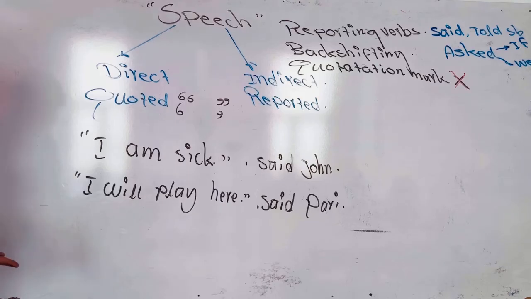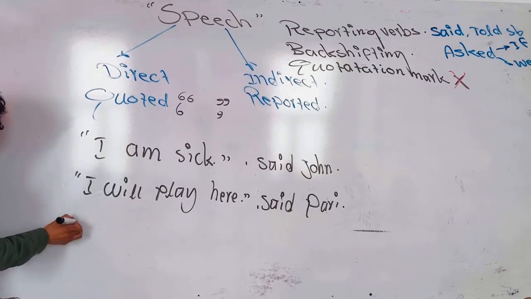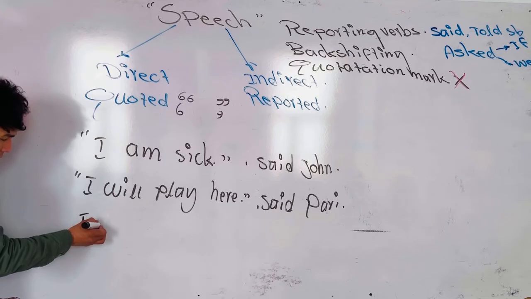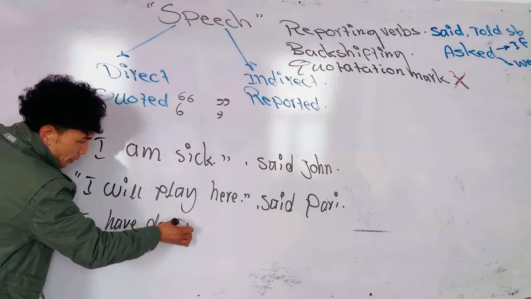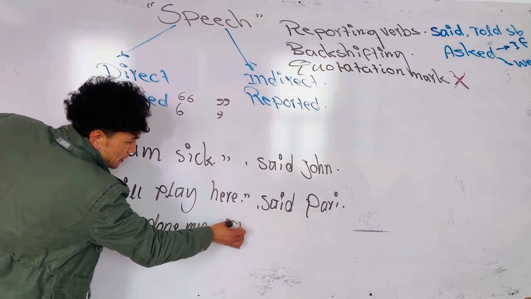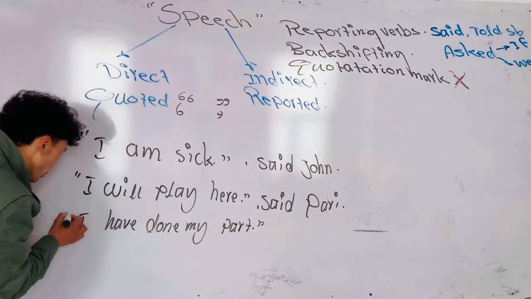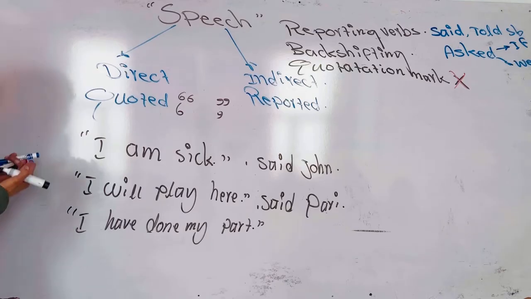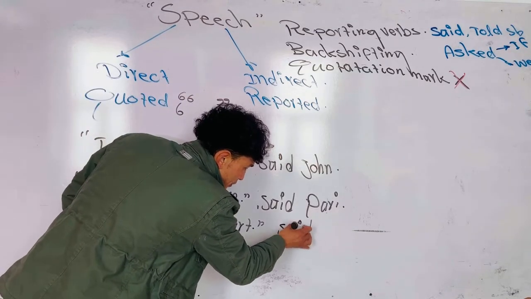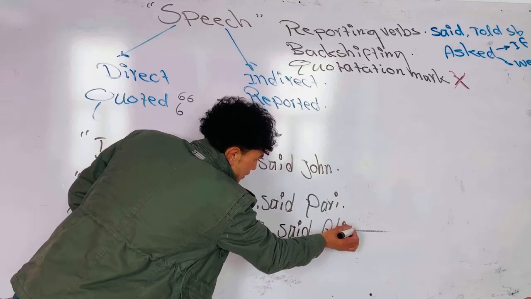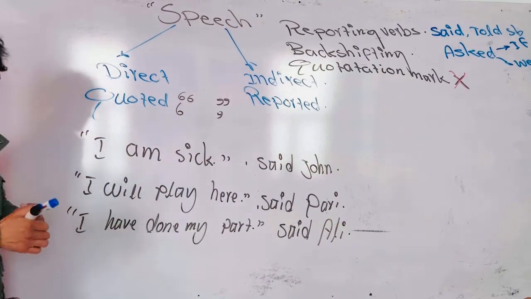Next. For example, I have done my part. This is quoted speech. Yes. I have done my part. Who said this? Said Ali. You understand? Yes. Said Ali.